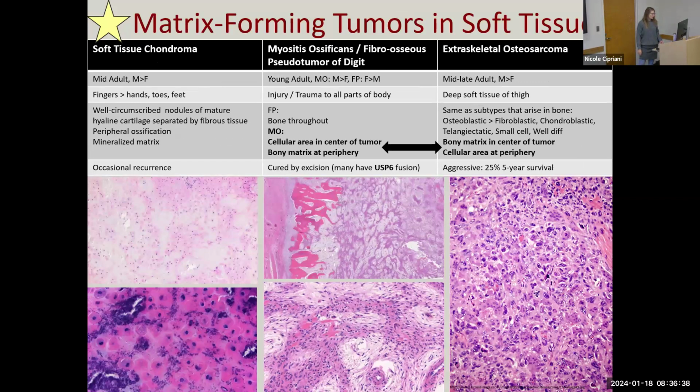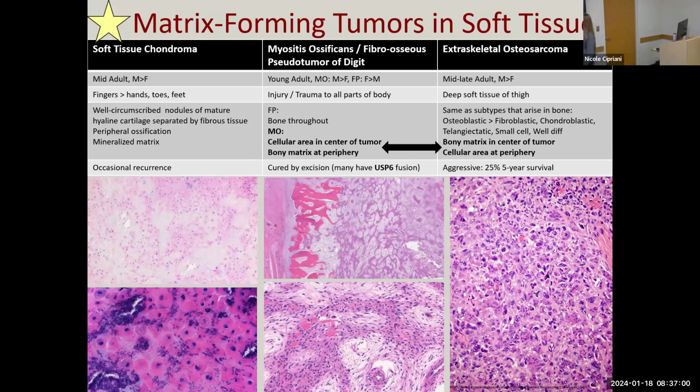All right, kind of shifting a little bit into tumors that form matrix. So you can have true chondromas of soft tissue, right, that are pure cartilage. They can occur in a number of locations, including distal digits. They can even occur in the head and neck.